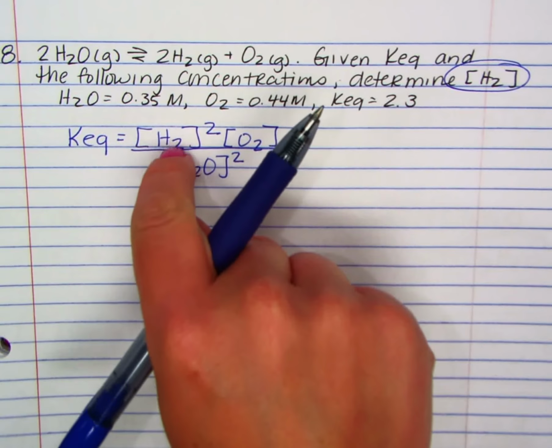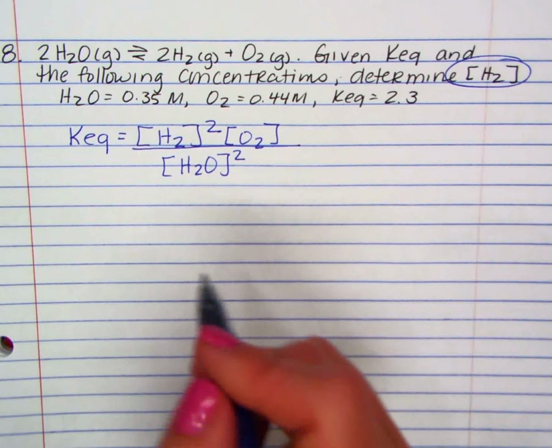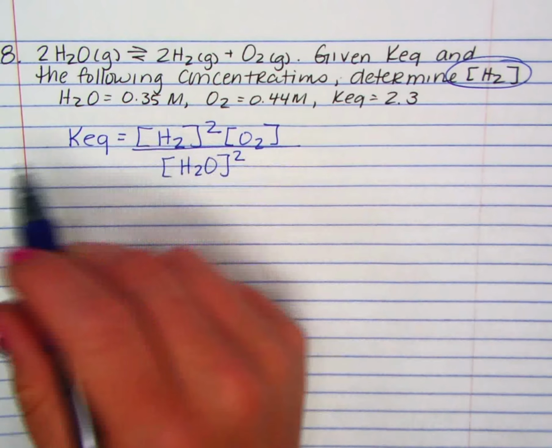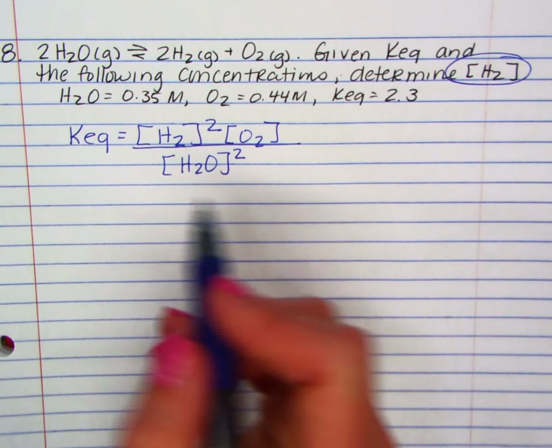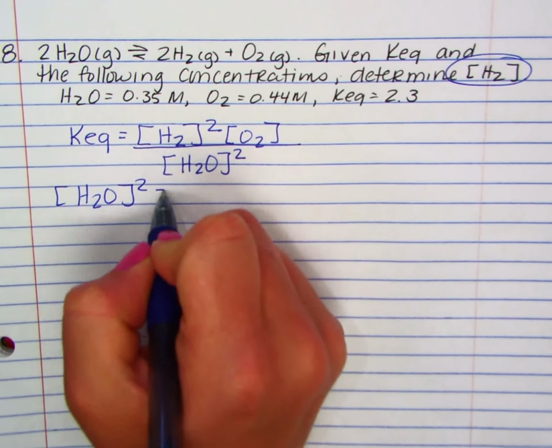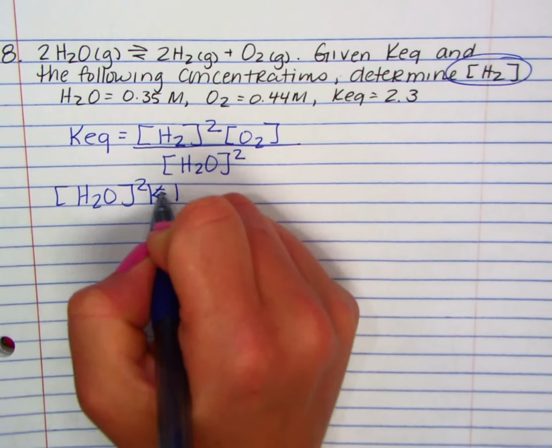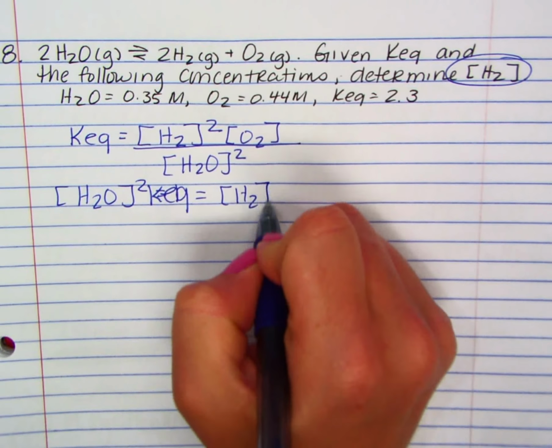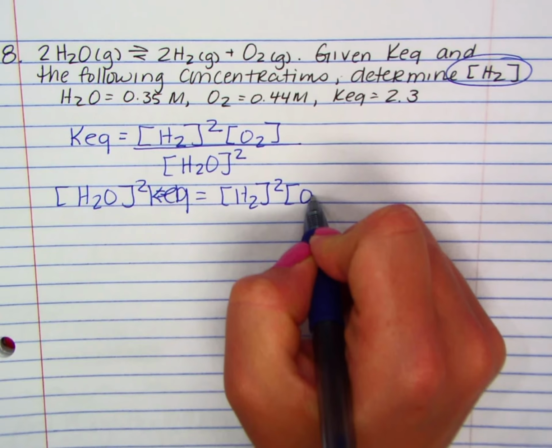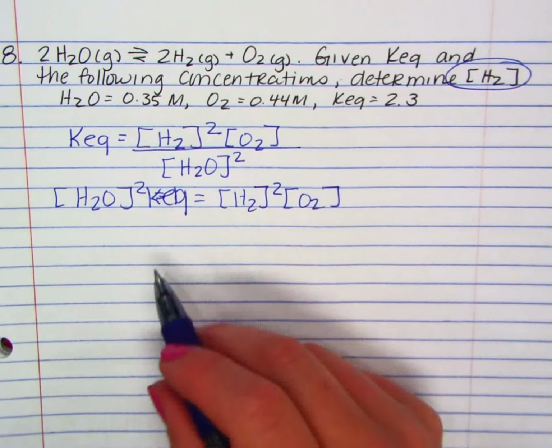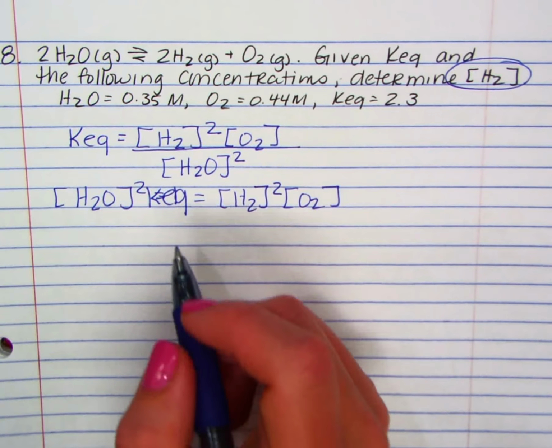And it says, given the KEQ and your concentrations, determine the H2. So I need to get this H2 by itself. Okay? So the first thing I'm going to do is I'm going to get the H2O off the bottom, because once I have my equation in a straight line, it's usually easier to work with. H2O squared times KEQ equals H2 squared and O2. Okay, now I need to get the H2 by itself, so I'm going to divide by O2.